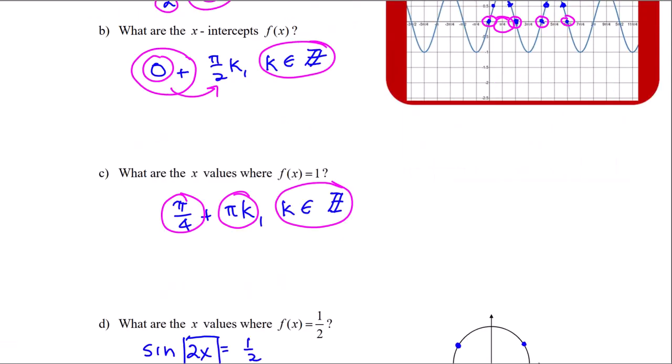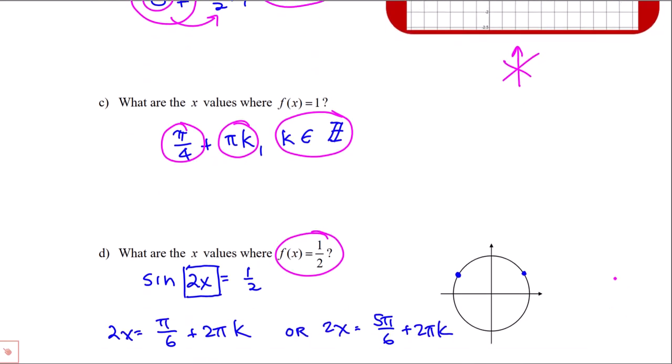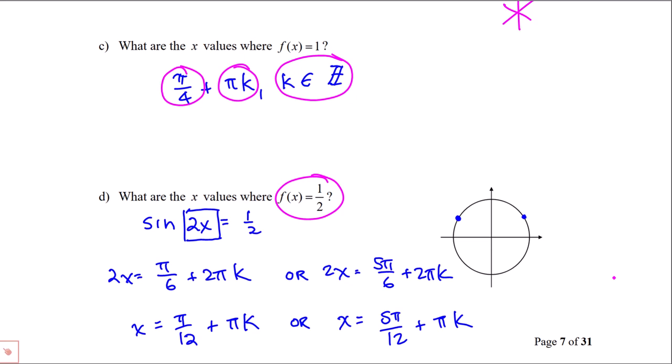So here is one way to do it. For d, when is this graph a half? Well, a half is here and here. But I'm not going to look too much at that graph. I'm going to do this more algebraically. So I say sine of this position, and sine is a half.